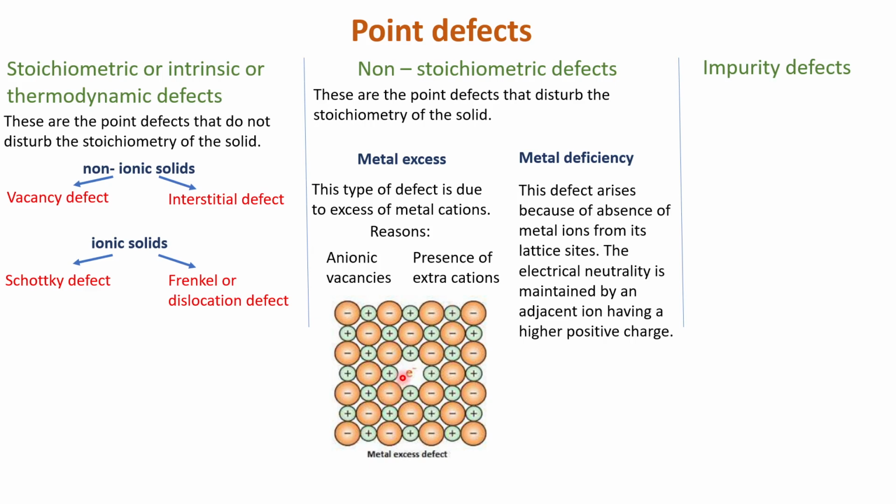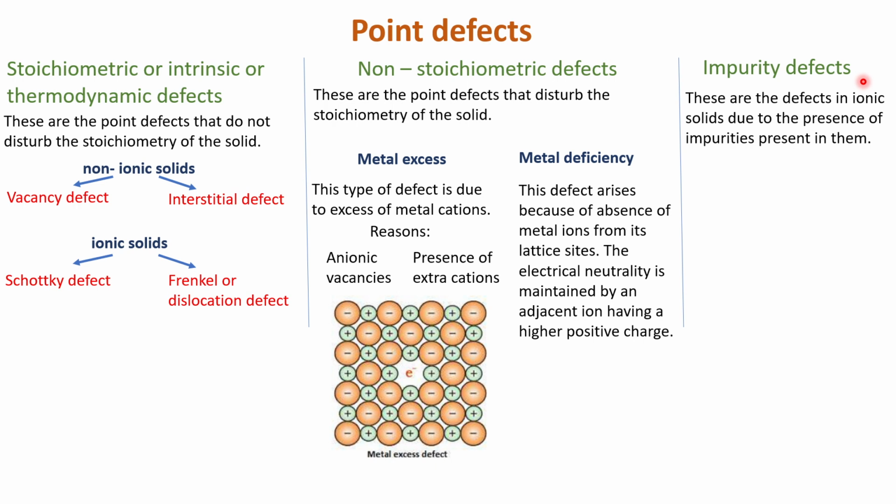Even if the anion is missing, the electron is present, which makes the whole crystal neutral. In metal deficiency defect, the metal is missing. In metal excess, anions are missing or extra metal is present, but in metal deficiency, metals are missing. The positive charge is maintained by the adjacent ion having higher positive charge.